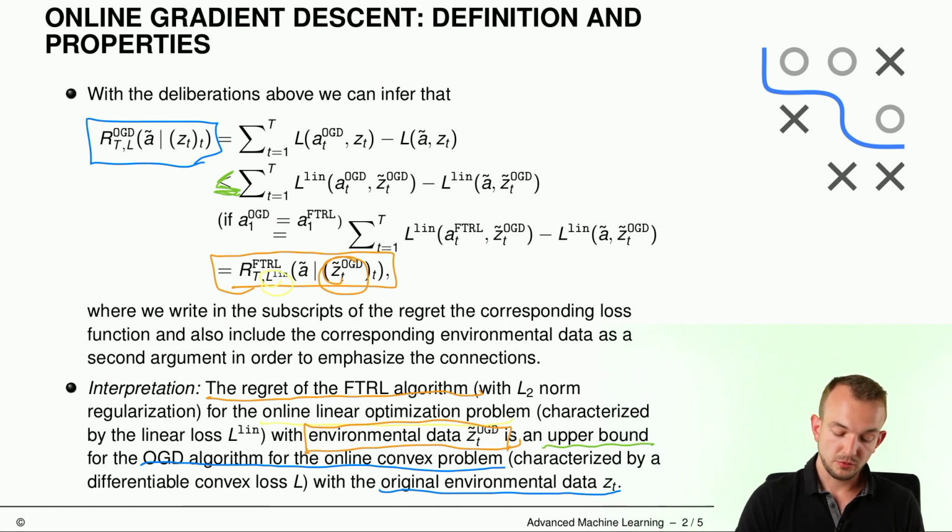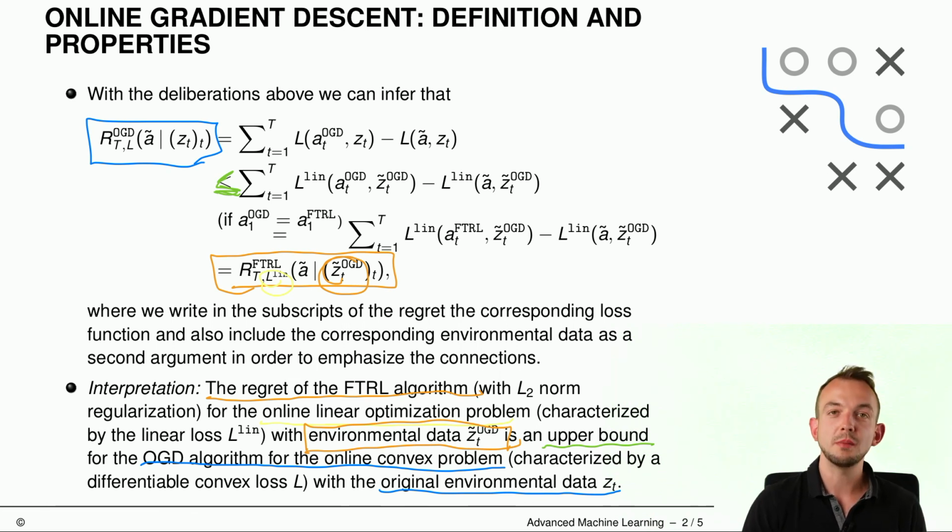So in order to analyze the regret of the online gradient descent algorithm for the original environmental data points, we can simply analyze the follow the regularized leader algorithm for an online linear optimization problem where we make the substitution with the artificial environmental data points.